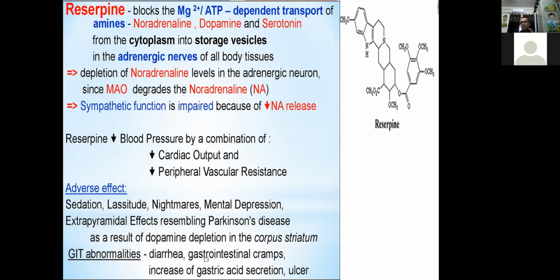Now let us see the structure of your reserpine. First of all, it is a fused indole moiety. Whenever you draw the structure, you have to start with your indole moiety.